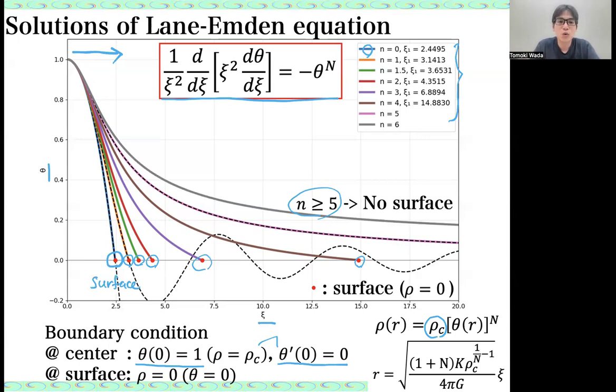In this case, we need to consider the physics beyond this simplified model, because usually a star has a surface, but in this case, there is no surface in this approximation. So we have to go beyond this approximation.